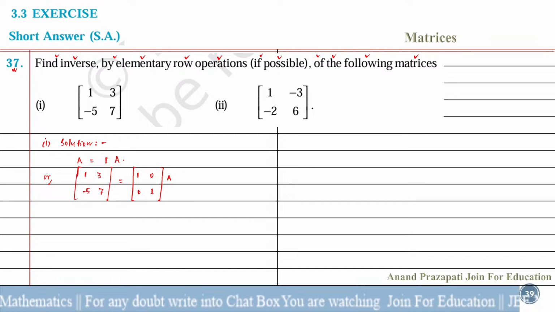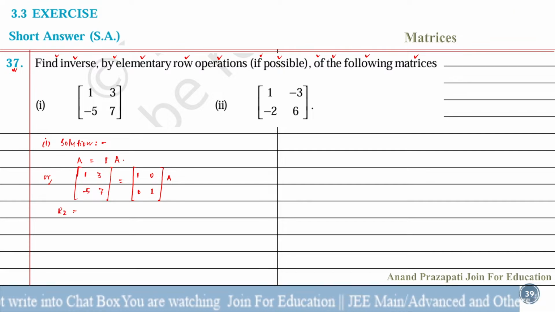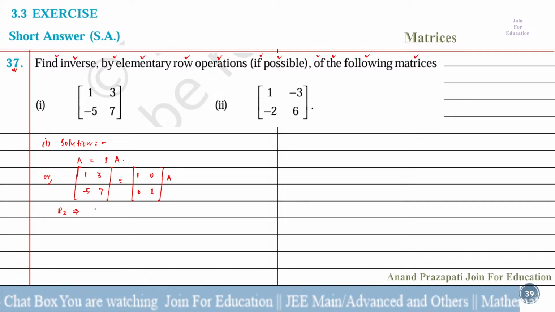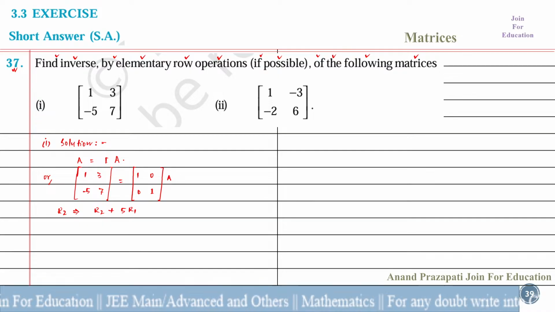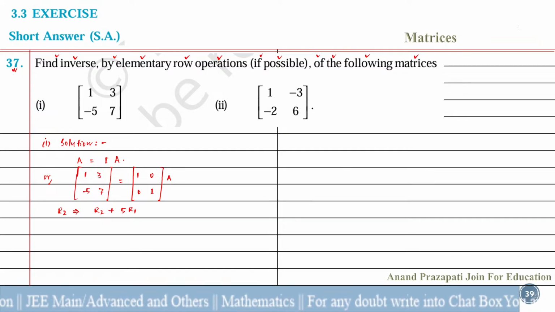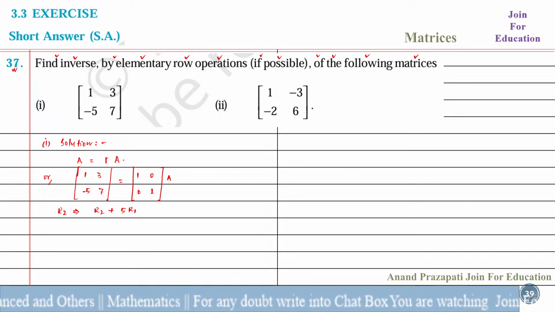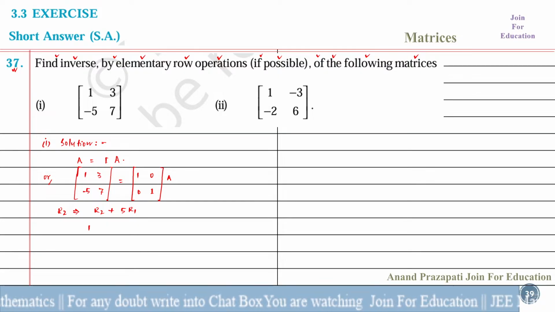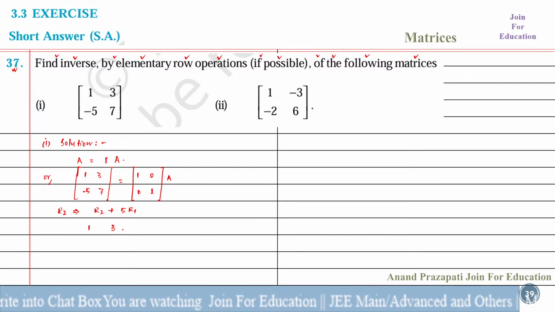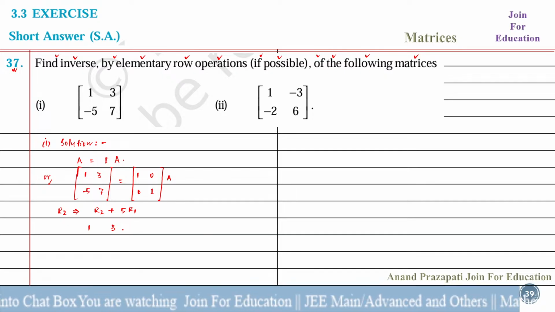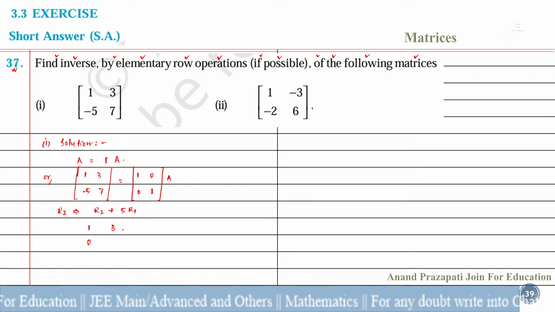Let's see the next step: R2 goes to R2 plus 5 R1. So in that case we get the next step: 1 and 3, but in R2, -5 plus 5 into 1 equals 0, and 7 plus 5 into 3, which is 15 plus 7, equals 22.